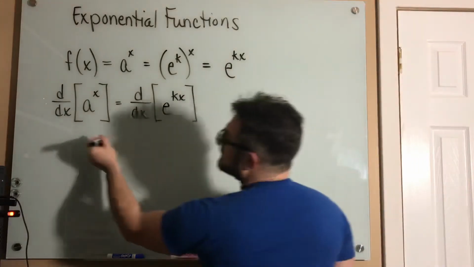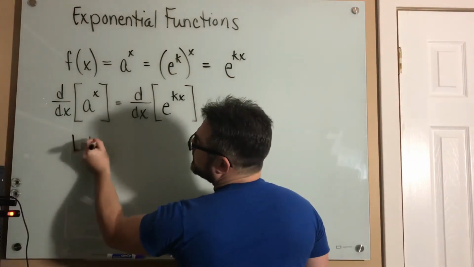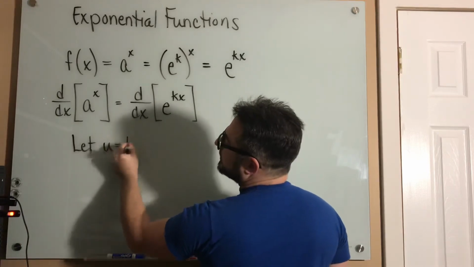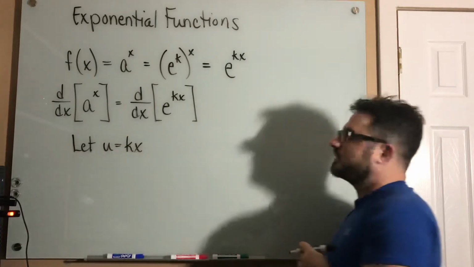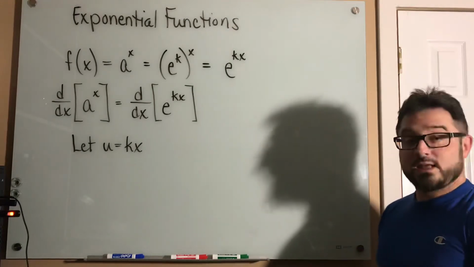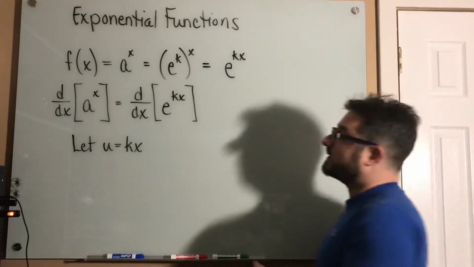So again, we're going to employ the chain rule by taking the expression in the exponent and making that our u.